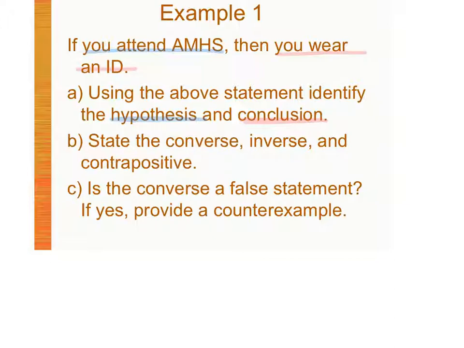That's the conclusion. First thing it wants us to do now in part B is to state the converse. What's the converse of that statement? Remember, we flip it.